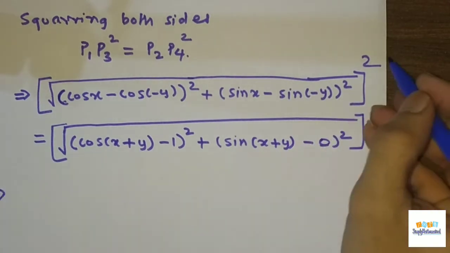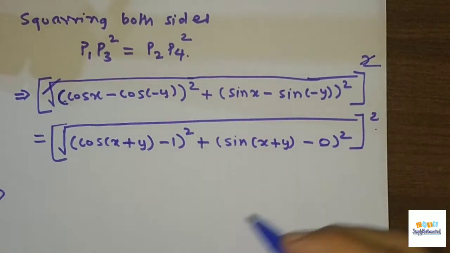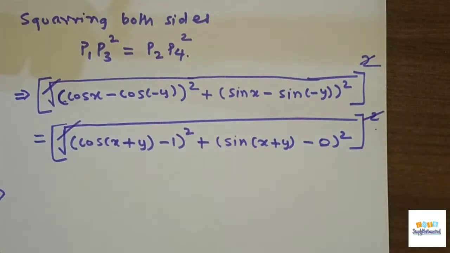Now let us simplify this. The square and root will get cancelled here, this square and root will get cancelled.